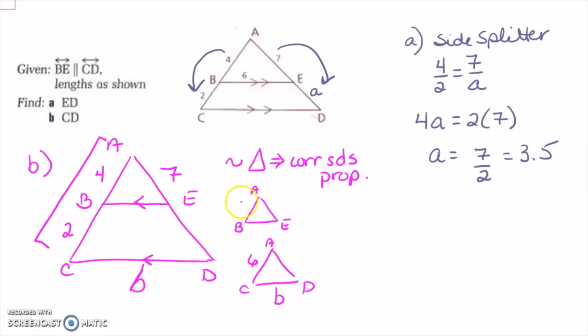I know AB is 4, and I forgot to mark the number 6 here. So now I can say 6 is to 4. It doesn't matter which way I go as long as I'm consistent. 6 is to 4, the same way B is to 6. So 4 times B equals 36, and then B is 9.